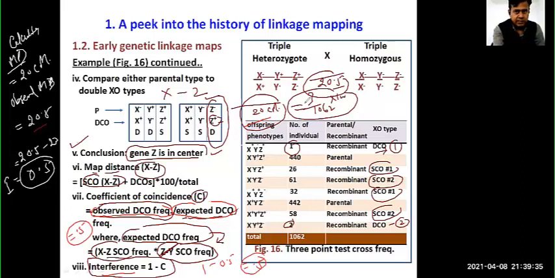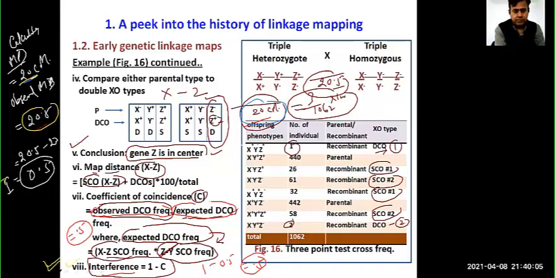But directly they can give you the data like this. Suppose observed map distance is 20.5, and calculated map distance is 20 centimorgan. Then what will be the interference? This is a gap. So this gap can be calculated.